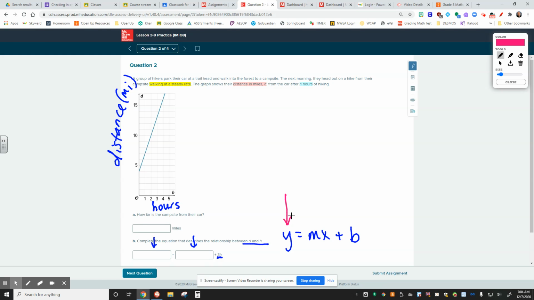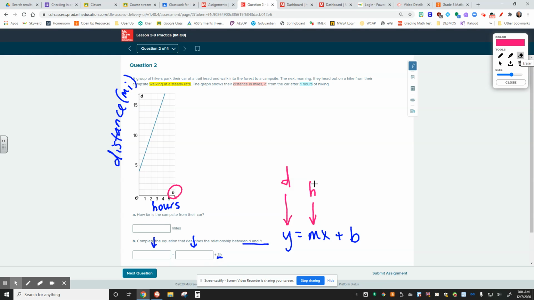Does the distance in miles depend on the hours of hiking, or do the hours of hiking depend on the distance in miles? When we look at our graph, we see that h is on the x-axis. So we know that the number of miles, the distance, is dependent on however long we decide to hike. So y would be d, and m must be h, because those are the two. Whoops, just kidding. I put that on the wrong spot.